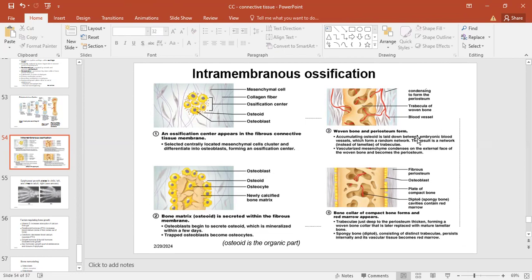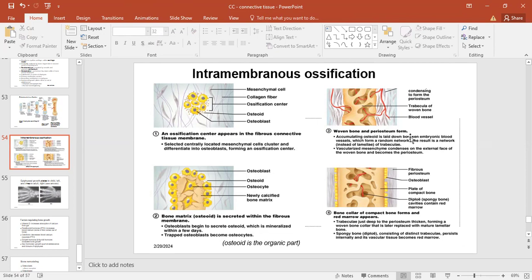So there is now formation of woven bone inside, and there is formation of periosteum around it. If you look at those cells, they're about to start forming periosteum around it.